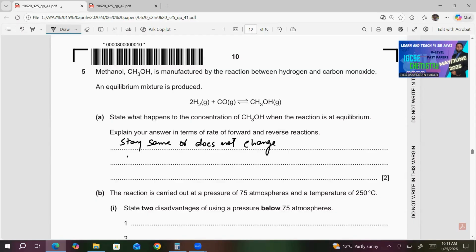Rate of forward reaction and reverse reactions become equal.